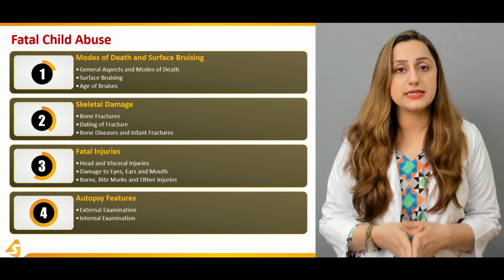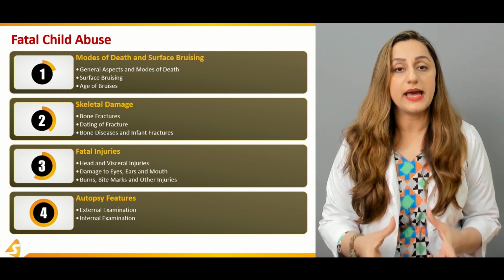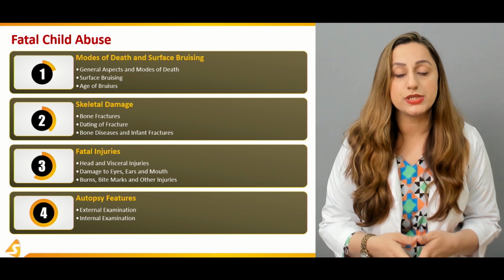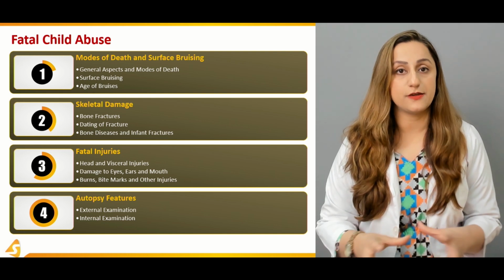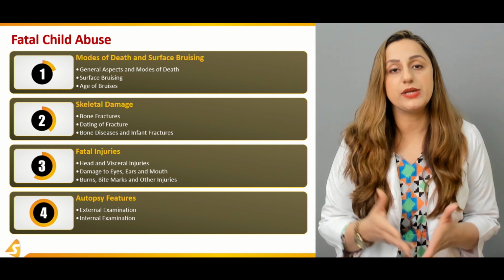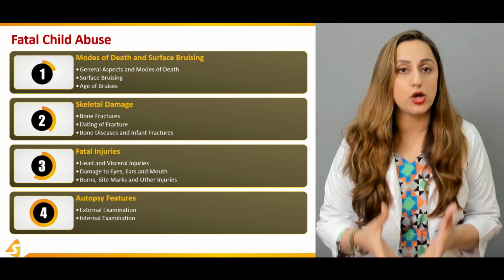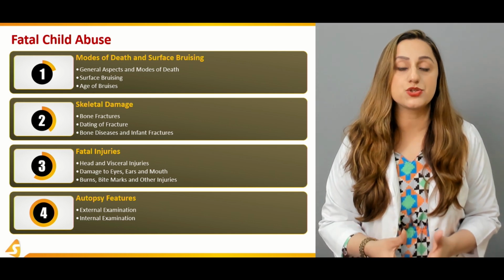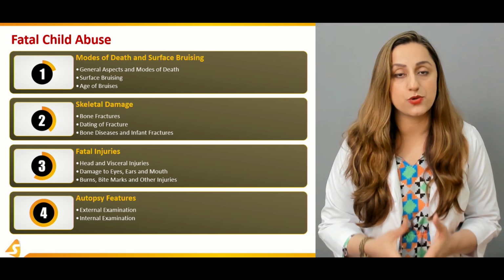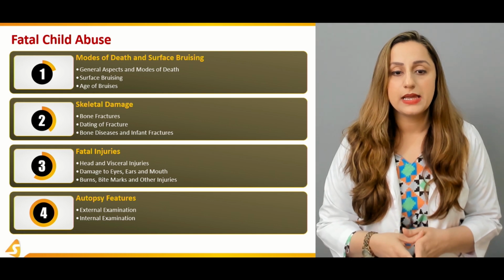Dating of the fracture uses the information gathered at the crime scene as well as after the radiological examination, and the dating is fixed according to the amount of damage caused to the underlying bone. Bone diseases, a lot of metabolic diseases and a lot of genetic disorders are there, so we'll be discussing that as well. And the infant fractures are also discussed in this second section.